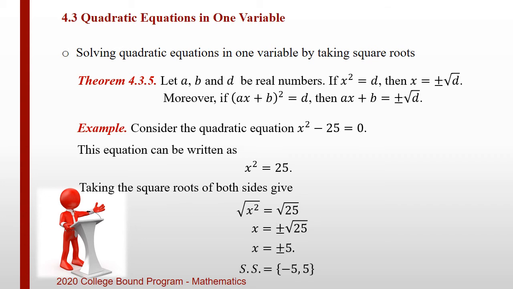Thus, we obtain x equals plus or minus 5 and the solution set, which is the set containing negative 5 and positive 5. These steps right here are summarized by Theorem 4.3.5.